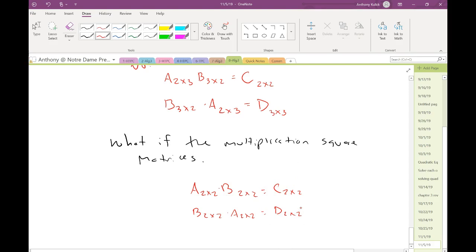The dimension part's going to work out, right? But there's another piece to having equal matrices, is that the entries all have to be the same. So I know if I multiply two square matrices, it's at least possible that these are going to commute because the matrices dimensions will be okay. Let's look at a specific numerical example and see if the entries are going to match up. Is everybody okay with that plan?